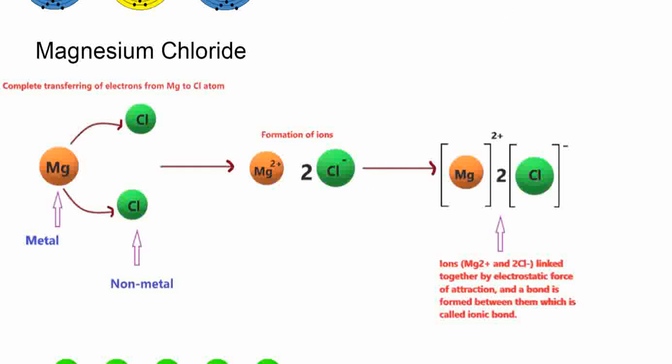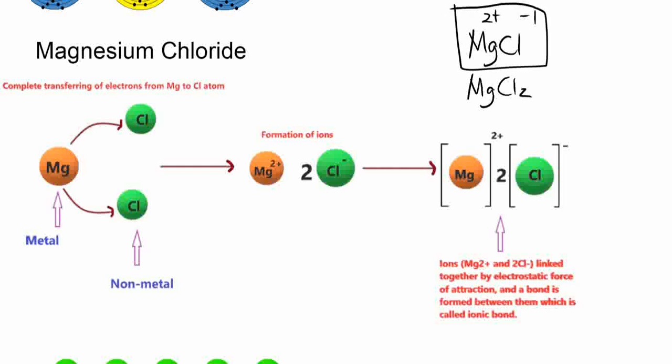Well, the question is, why don't they form MgCl? Why do they have to form MgCl2? The answer is Mg has a charge of 2+ and Cl has a charge of -1. So the net charge of MgCl is not equal to 0.